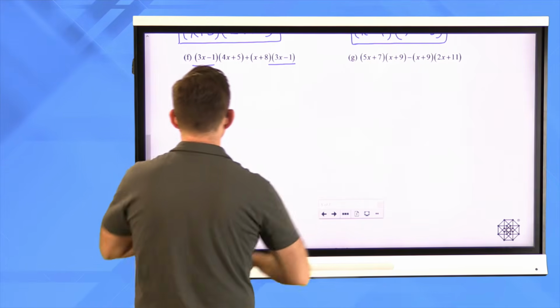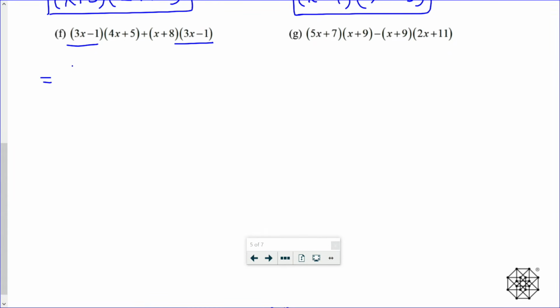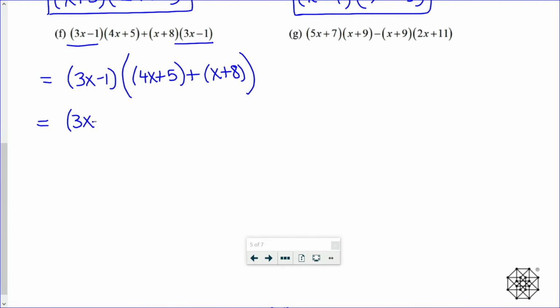All right, so here we go, right? I'm going to factor that 3x minus 1 out, and that's being multiplied by 4x plus 5 and by x plus 8, okay? Since we only have the addition going on inside of that parentheses, I can now just remove those parentheses.